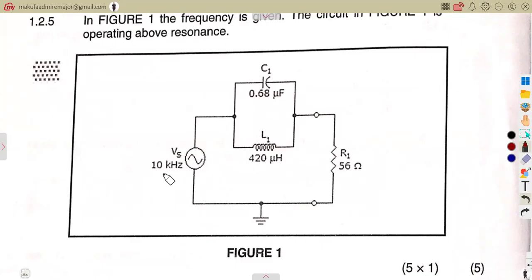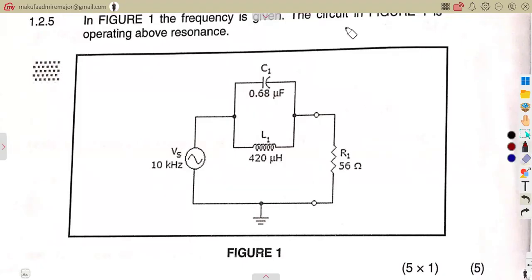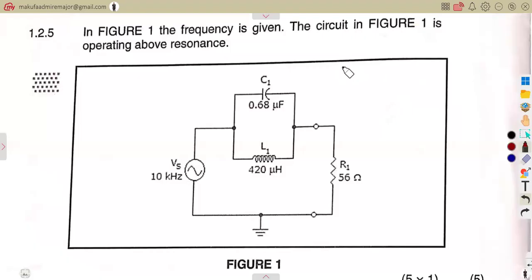All right, there we are given the connection, and no, this is wrong. It's supposed to be a parallel combination like this. You're supposed to have a capacitor and an inductor like this, then a parallel connection, not having this resistor that is there. This is false. It cannot be above. Also at resonance, you must be given what we call the resonant frequency, not the normal frequency. So this is false.